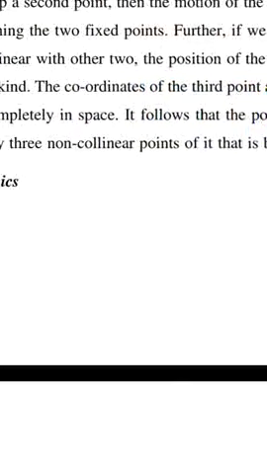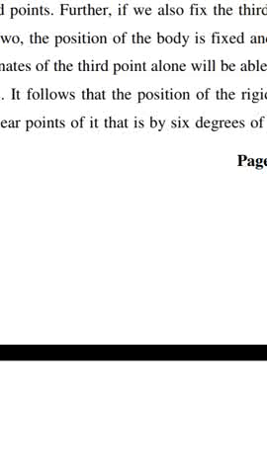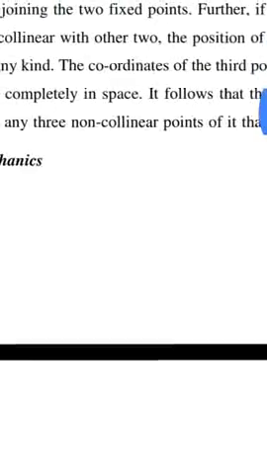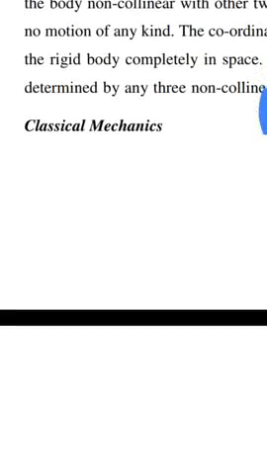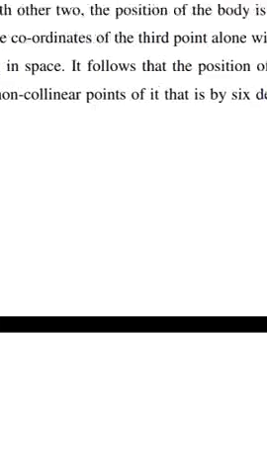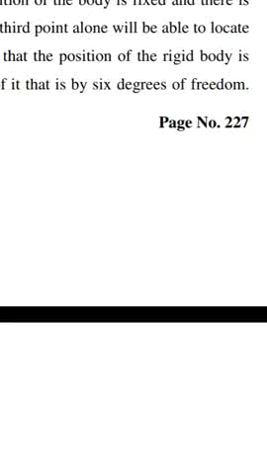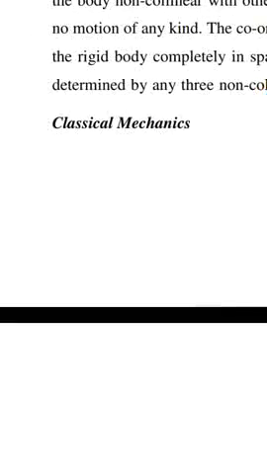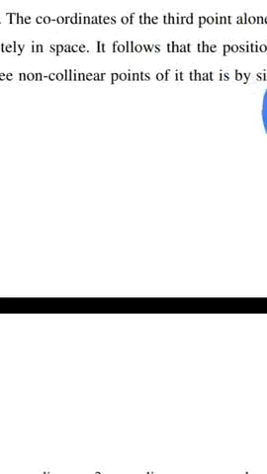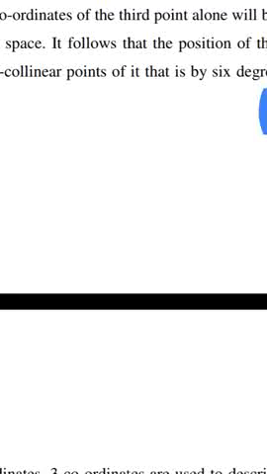The coordinates of the third point alone will be able to locate the rigid body completely in space. It follows that the position of the rigid body is determined by any three non-collinear points of it.